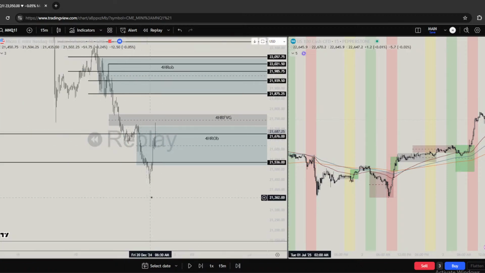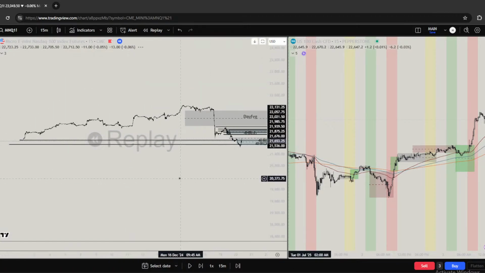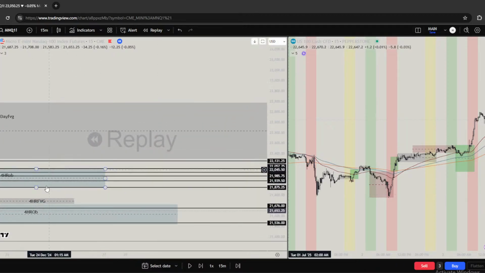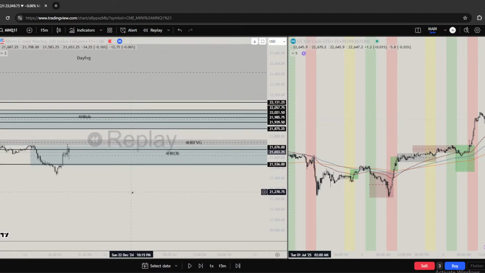Alright, let's see what price swept. Price swept all this sell side liquidity. Let's see how price wants to hold up.